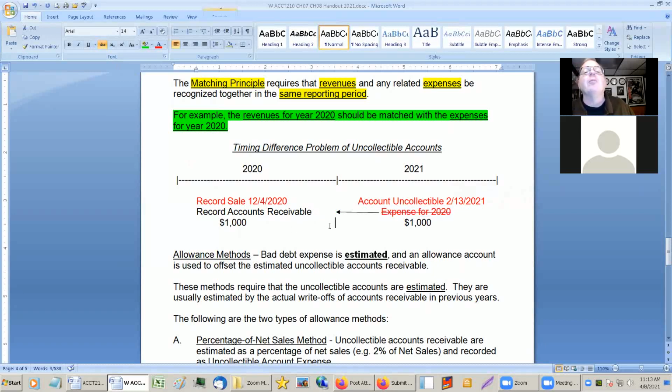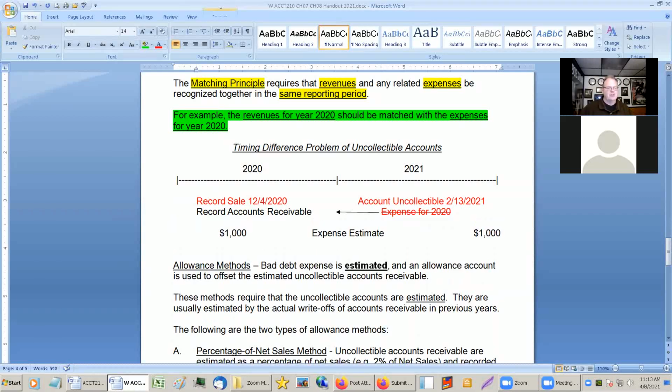And we're going to make an estimate. I didn't do this very well. Sorry, guys. So we're going to make an expense estimate at year end, say 12/31.